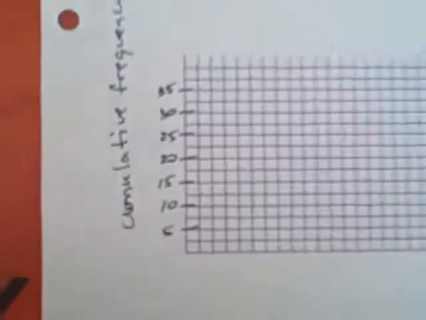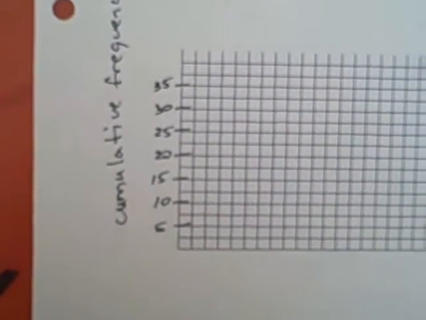Now, we need to get all the way up to 30. So I think I will just go 5, 10, 15, 20, 25, 30. Okay? So there's our cumulative frequency.